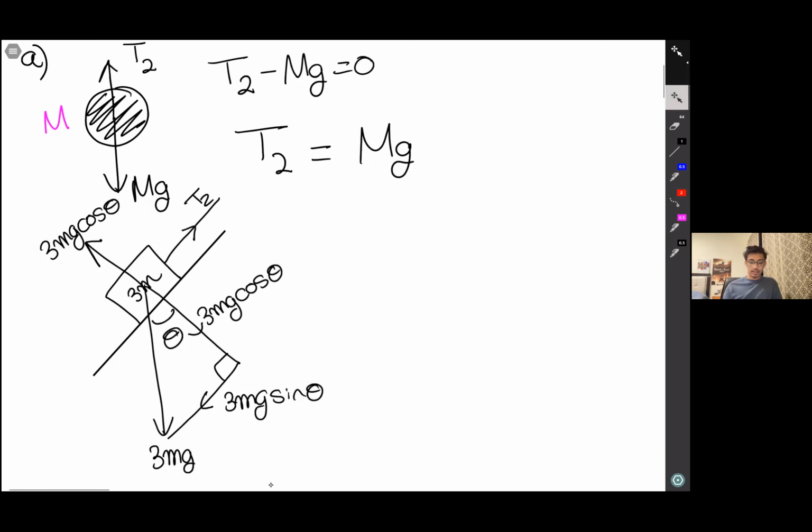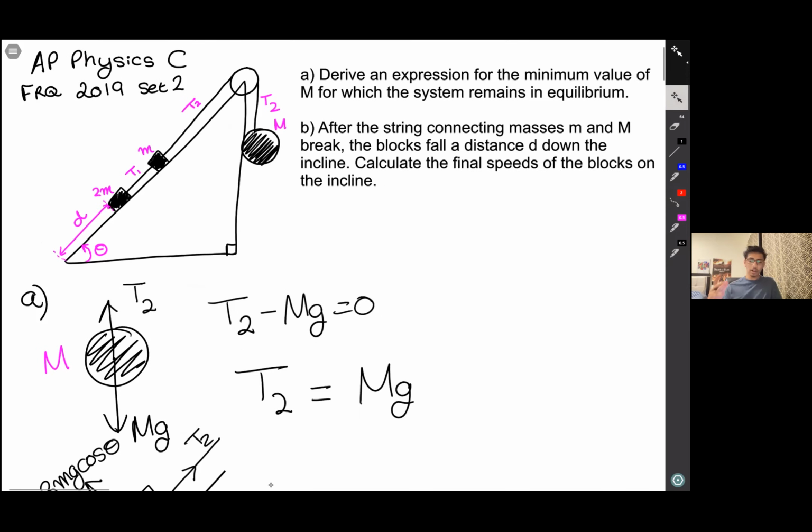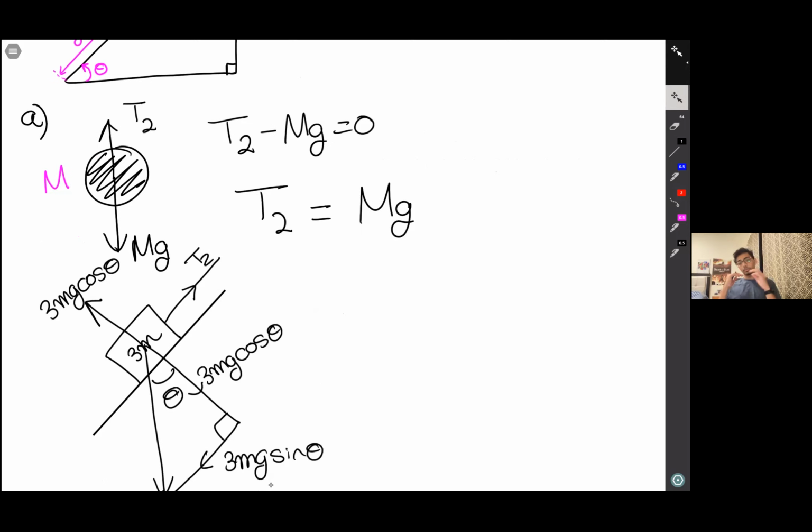Also note that I forgot to mention it here, but the plane is rough. So it will have some sort of static friction that prevents the blocks from sliding downwards or upwards. Because it is rough, we have to take that into consideration. Let's just remind ourselves, how do we calculate friction?